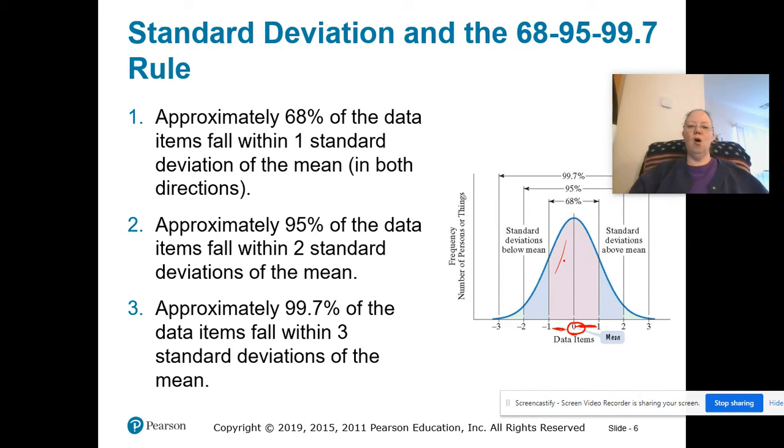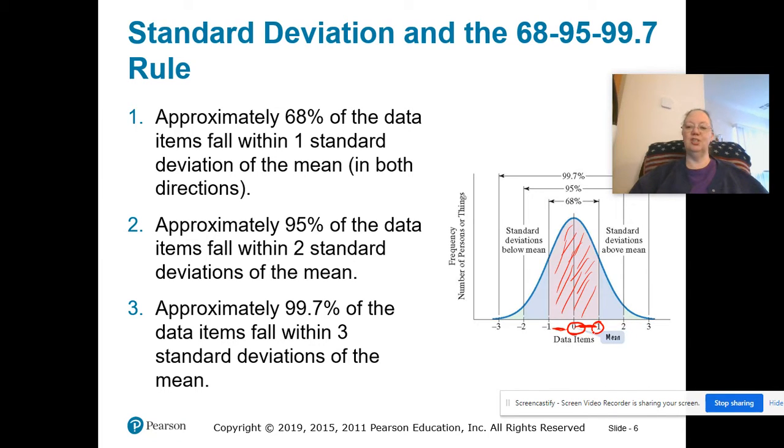If we look at all of our data items, 68% of them will be between -1 and 1, again assuming our standard deviation is 1. This technically is the number of standard deviations.